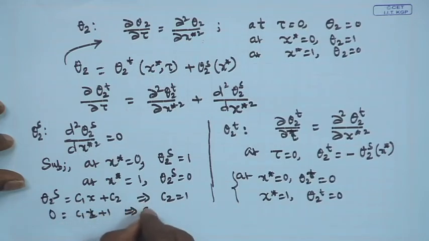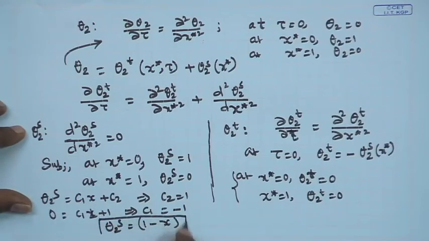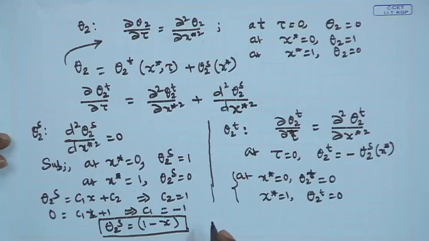Therefore, C1 will be nothing but minus 1. So, C2 is equal to 1, C1 is equal to minus 1, and theta 2 s will be 1 minus x.